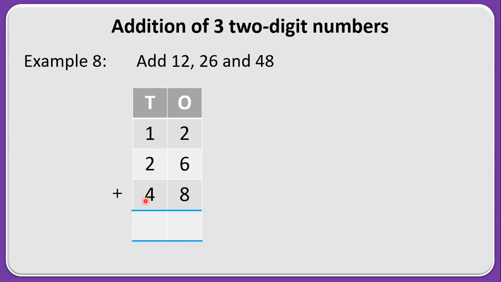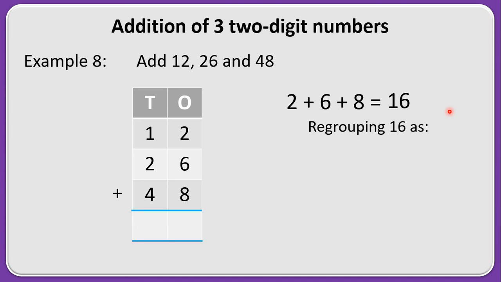Now let us add the digits in the ones column first, that is 2 plus 6 plus 8. When we add 2 plus 6 plus 8, we get 16 as the sum. Again, we regroup 16 into tens and ones. 16 is equal to 10 plus 6.